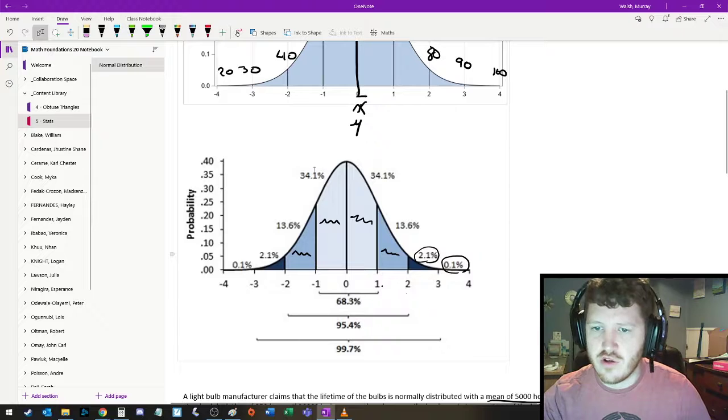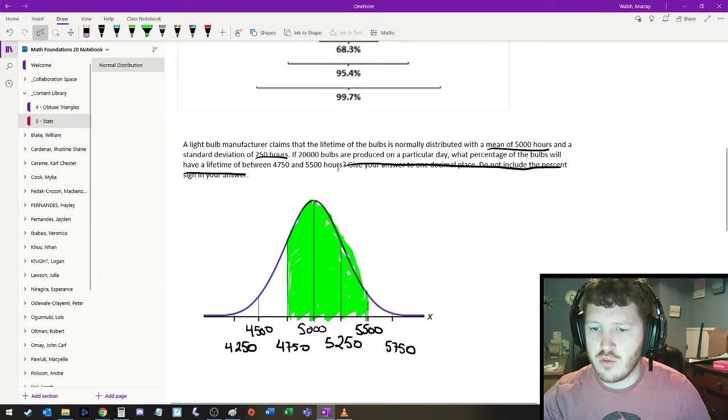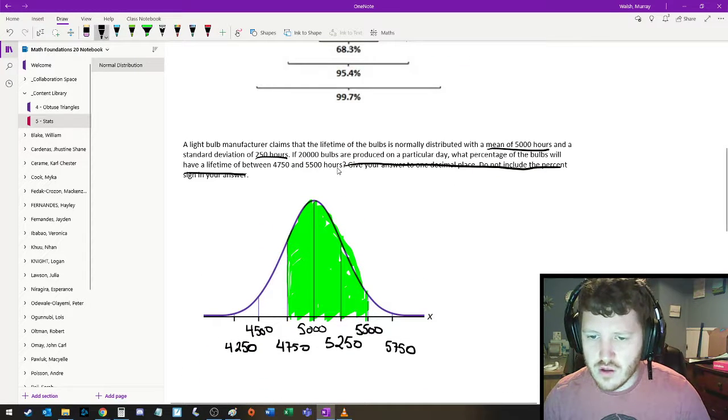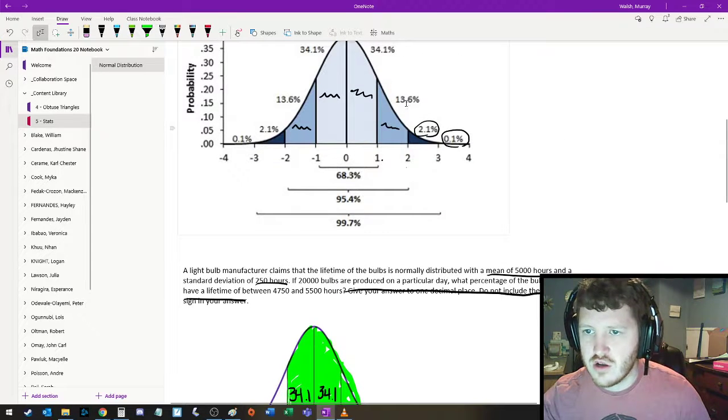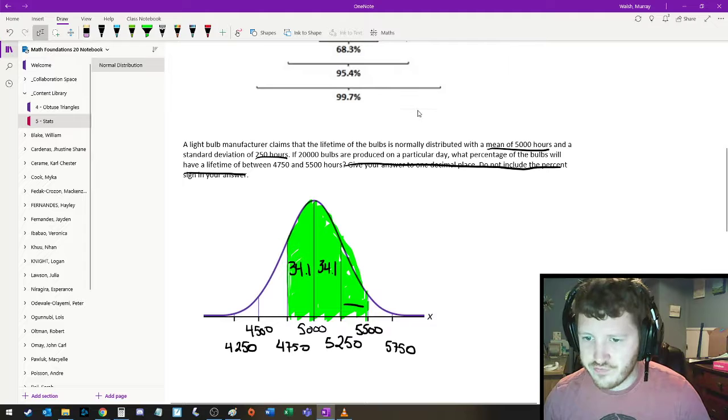We scroll up, 34.1. We'll use 34.1 and 34.1. So we'd expect 34.1% of the data to be between 4,750 and 5,000, and another 34.1 to be between 5,000 and 5,250. The last piece we need is what goes here. Again, we look at our chart, 13.6.